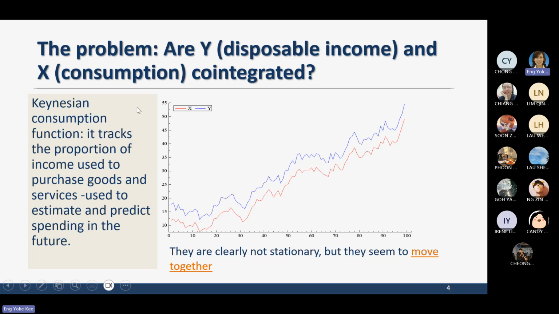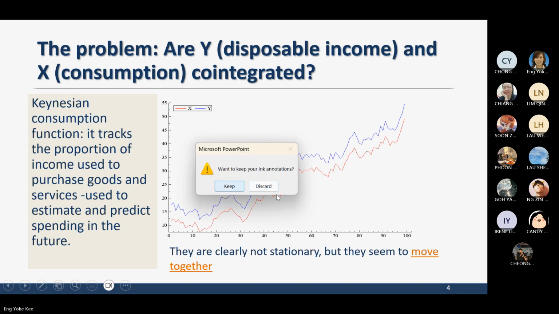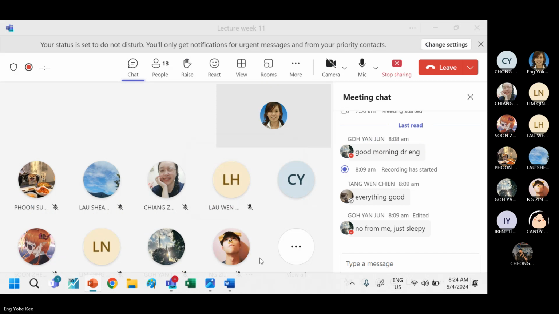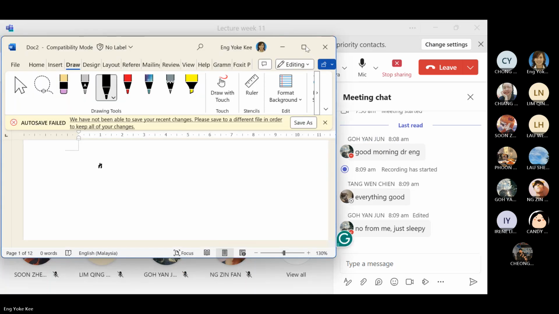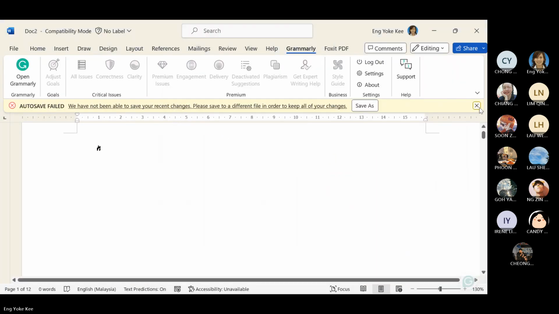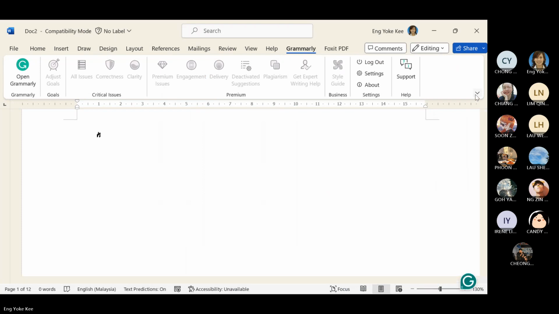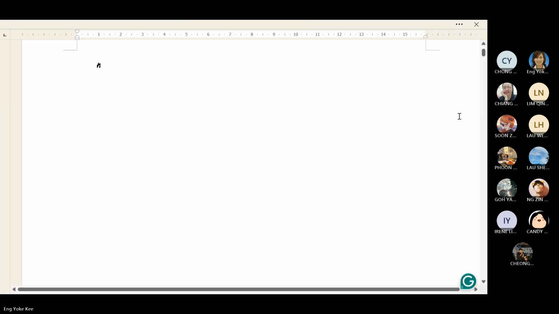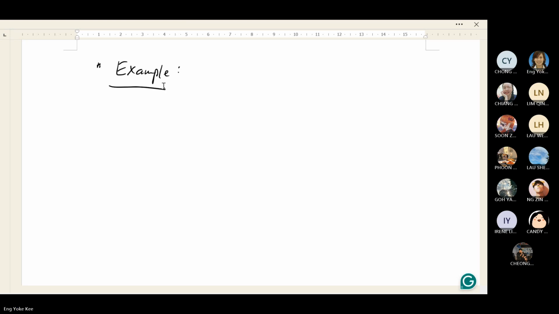Okay, let's look at one example first. So let's say we are interested to examine a consumption function.